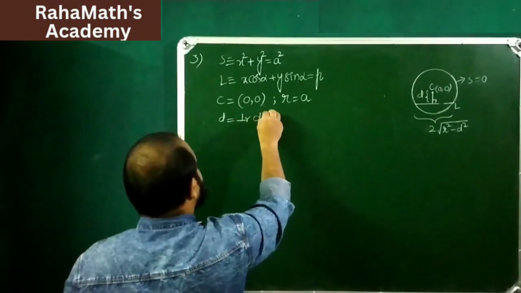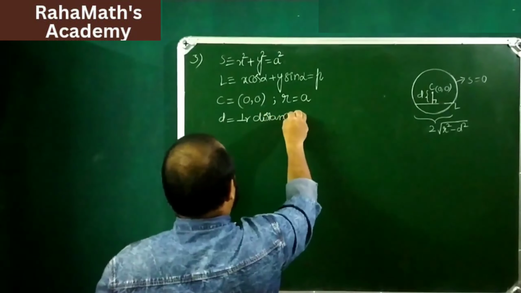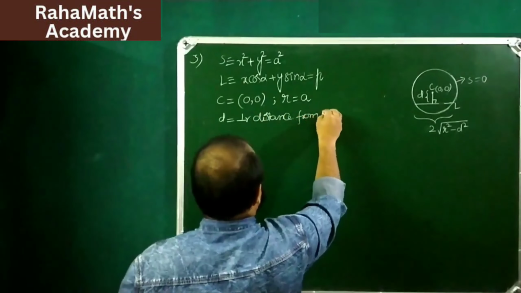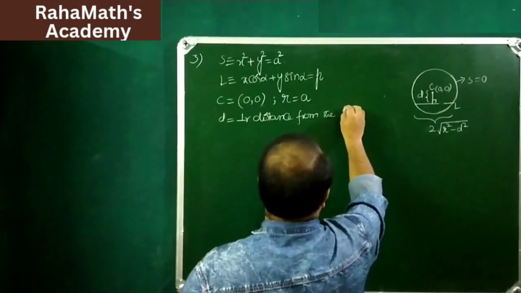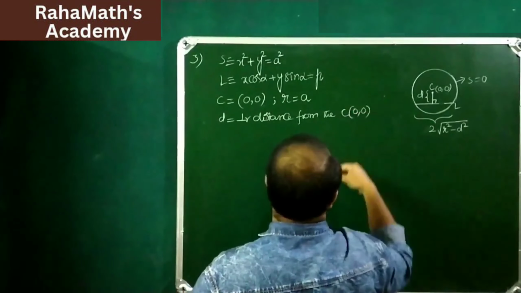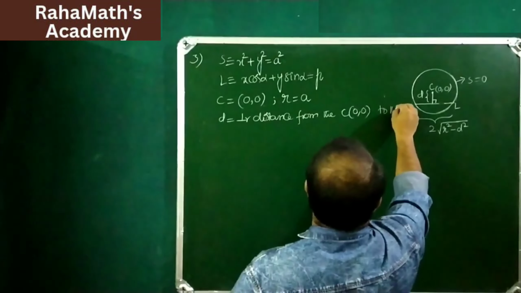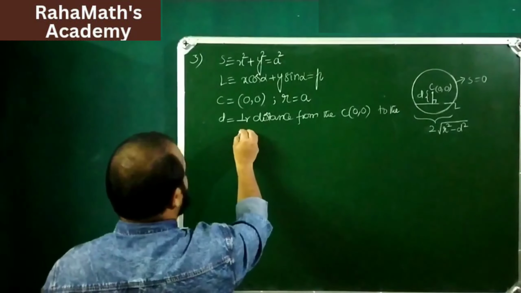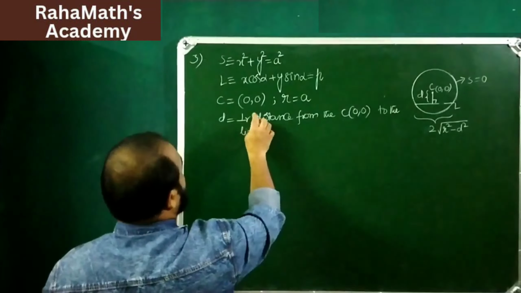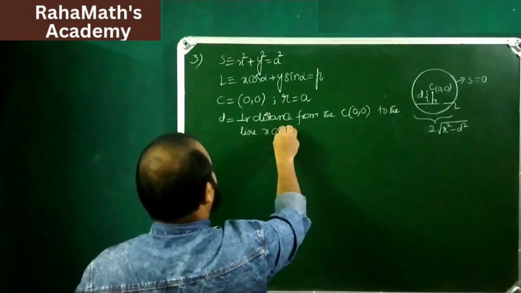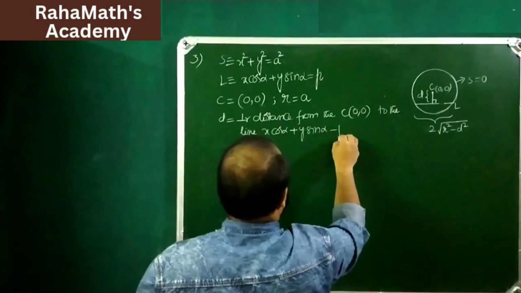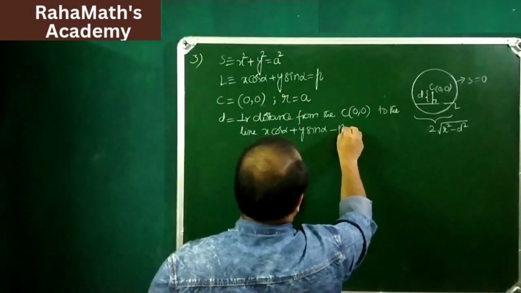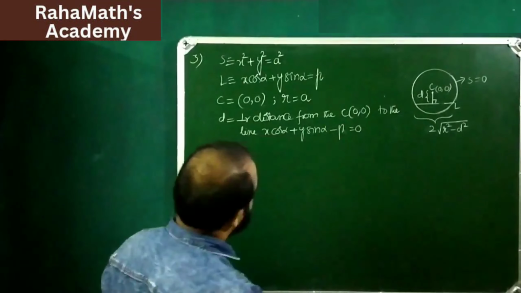Perpendicular distance from the center C 0 0, origin, to the line. What is the line? x cos alpha plus y sin alpha minus p equals to 0.